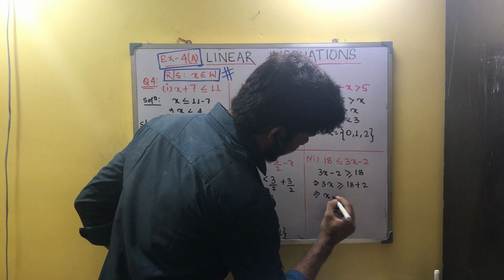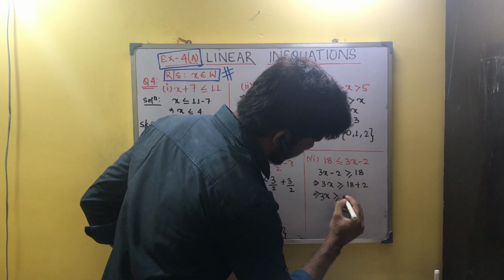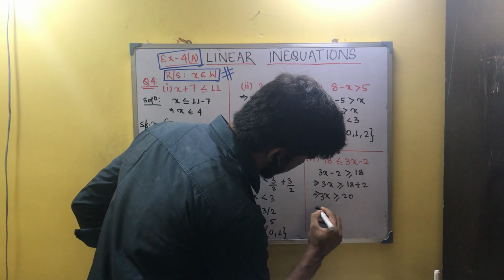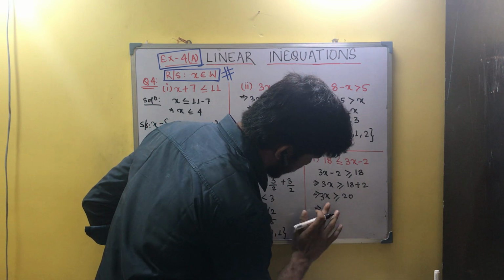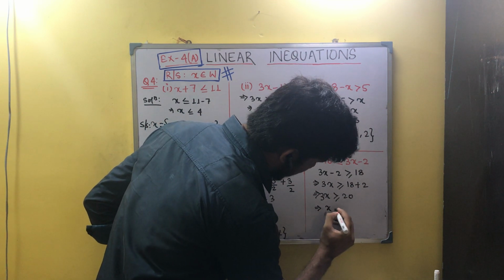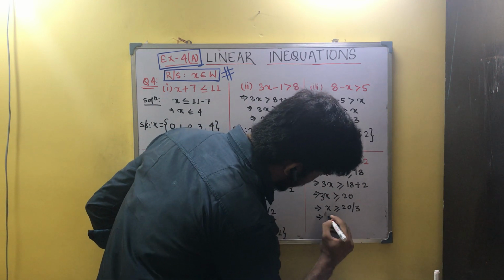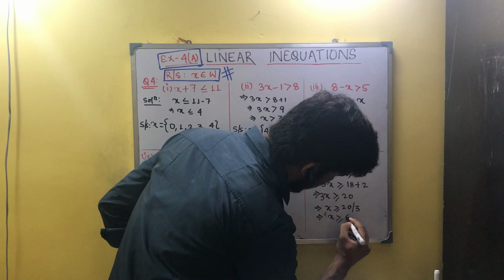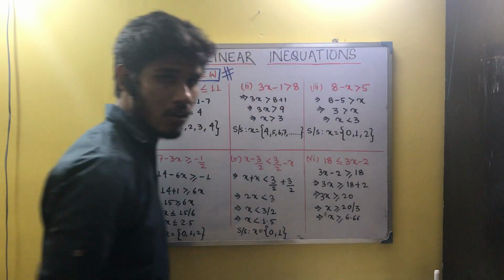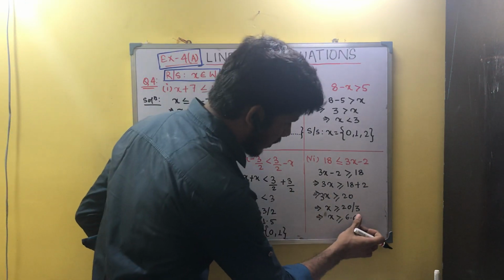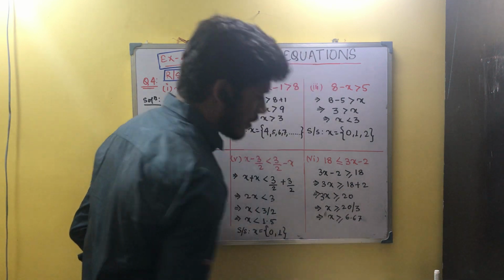That gives you 3x greater than equals to 20, which implies x is greater than equals to 20 upon 3, which finally gives you x is greater than equals to 6.66 something, or 6.67.